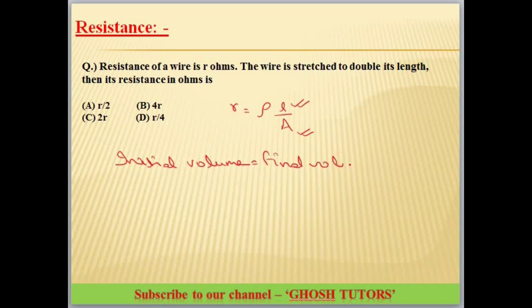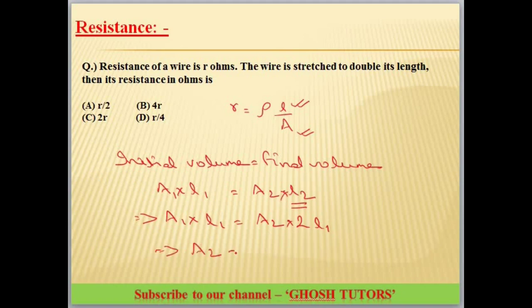Its volume is not changing. Volume is equal to area into length. So A1 into L1 is equal to A2 into L2. Now length is double, so L2 is 2 into L1.